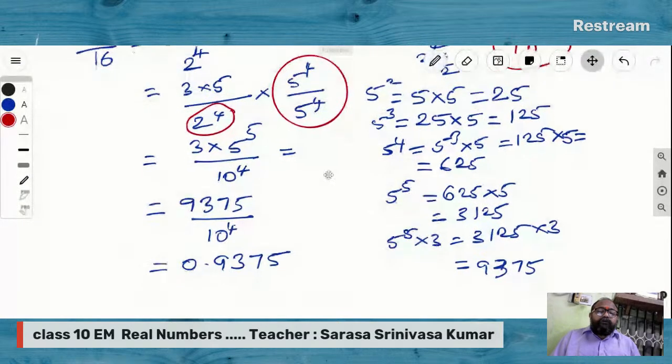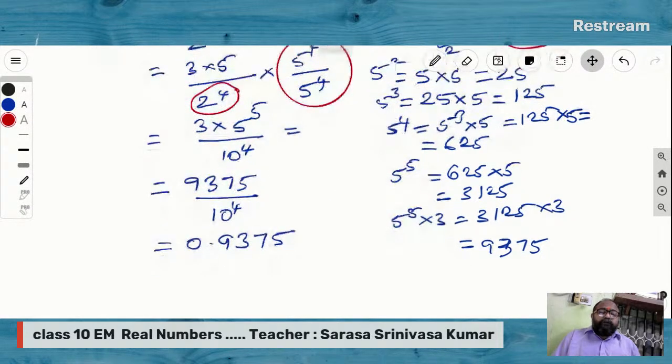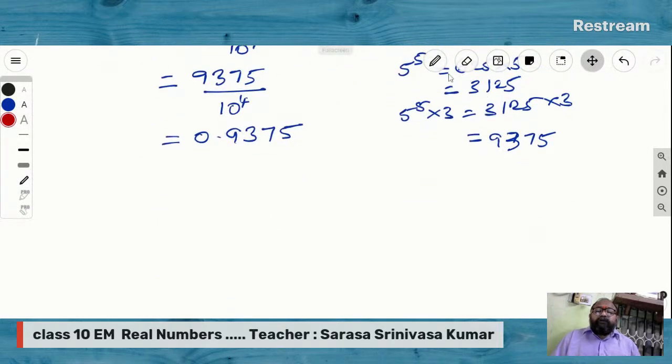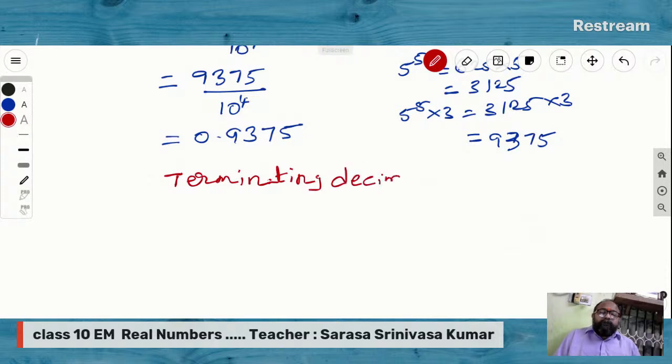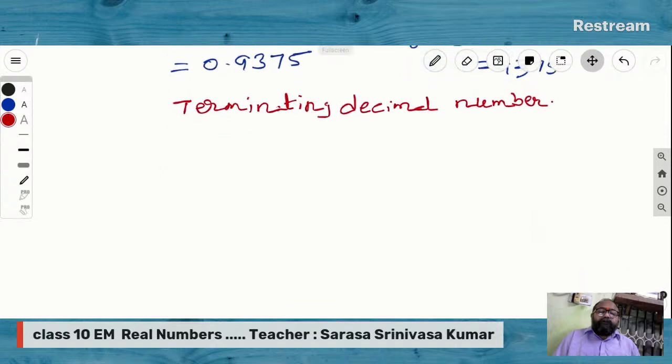So this is how we converted the given rational number into a terminating decimal number. This is a terminating decimal number.